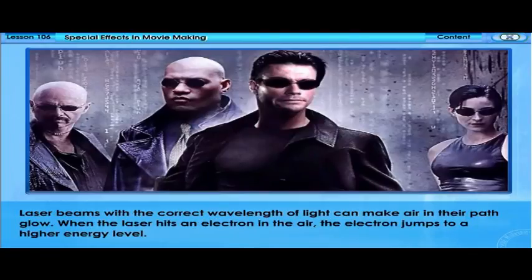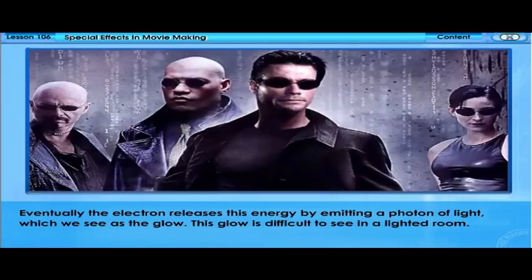Laser beams with the correct wavelength of light can make air in their path glow. When the laser hits an electron in the air, the electron jumps to a higher energy level. Eventually, the electron releases this energy by emitting a photon of light, which we see as the glow. This glow is difficult to see in a lighted room.